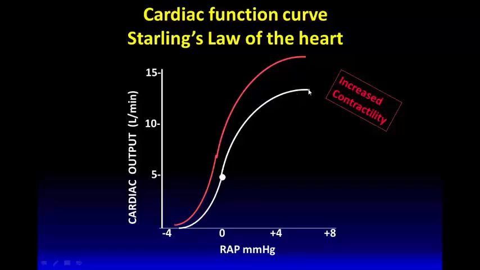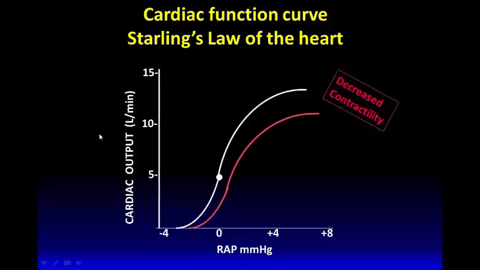So with increased sympathetic stimulation, the cardiac function curve is shifted up and to the left, which means that at the same preload, the left ventricle with increased sympathetic stimulation would eject more cardiac output. So again, the increase in cardiac output is not the result of the increase in the preload. Rather, it is because of the increase in contractility.